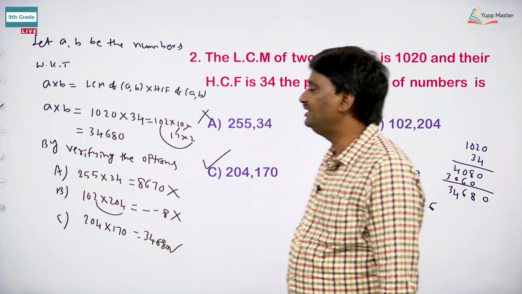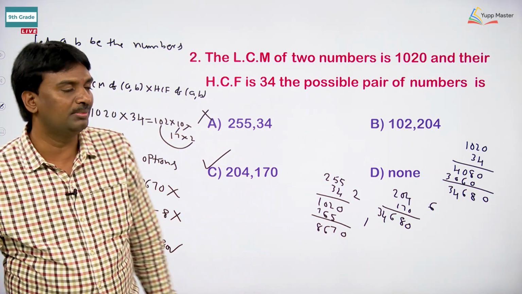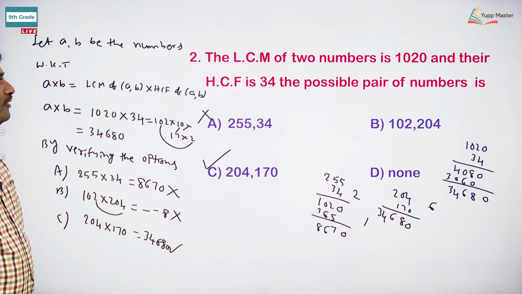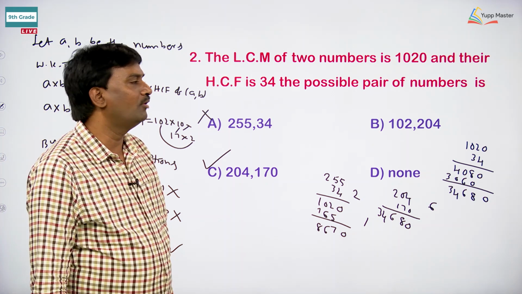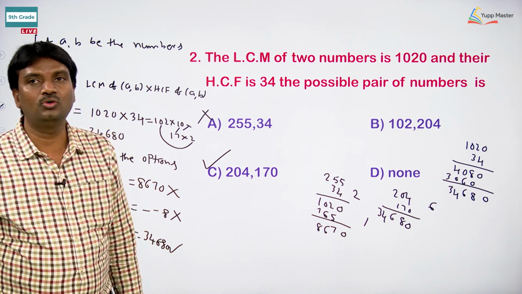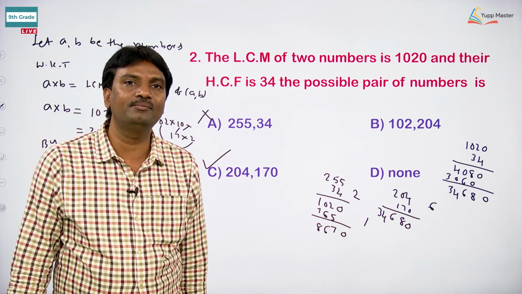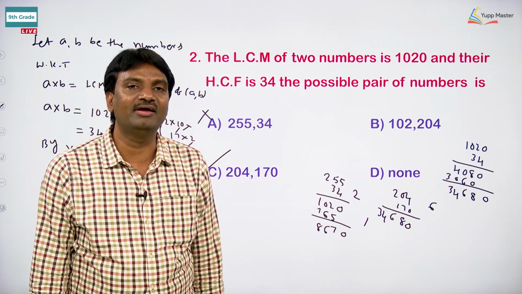So here the problem is given as, the LCM of two numbers is 1020 and their HCF is 34. The possible pair of numbers is, here we don't know the numbers, we have to find them only with respect to the given data.